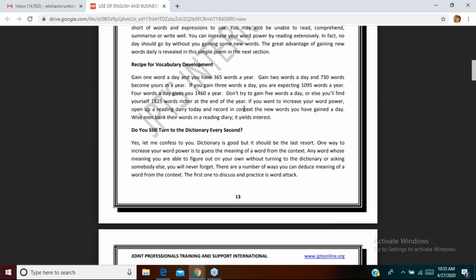So gain one word a day, and you have 365 words a year. Gain 2 words a day, and then you gain how many words? 730 words. So if you gain 3 words a day, you are expecting 1,095 words a year. So just multiply that.